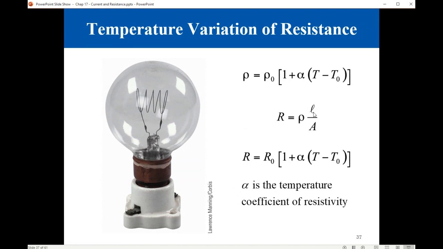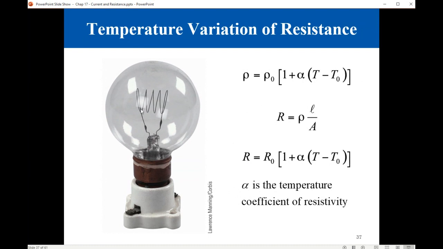It has the same length L and the same cross-sectional area A, so they cancel out from both sides, and we have R equals R naught times 1 plus alpha times T minus T naught, the same form for the resistance as a function of temperature.